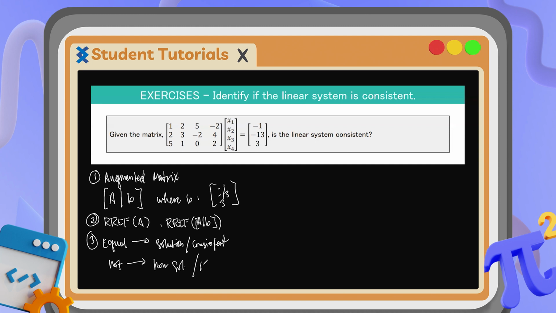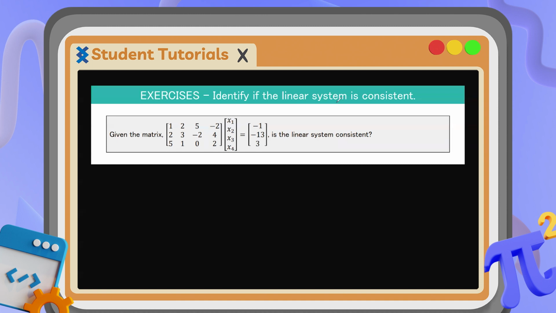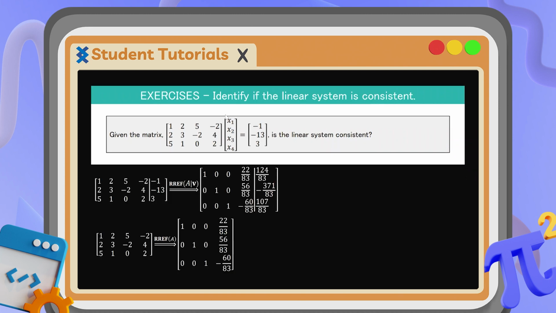So when we take the REF of both matrices, one augmented, one the coefficient matrix, we get something like this. Although it looks complicated, what we need to look at specifically is this part and this part alone.